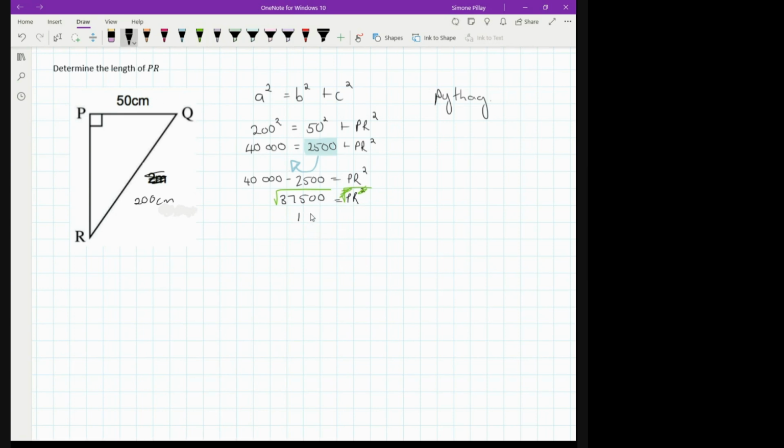Okay, so 193.65 is equals to PR. Are we done? Ma'am, centimeters. There you go. Centimeters. And so now we know this missing side is, and let's round it off to the nearest centimeter. We'll go 194 centimeters.